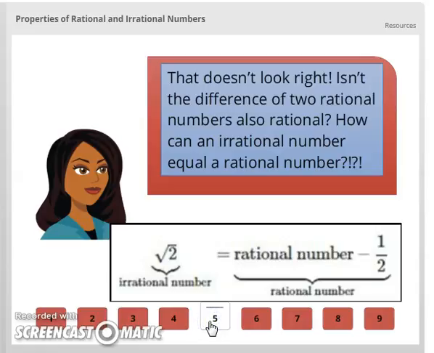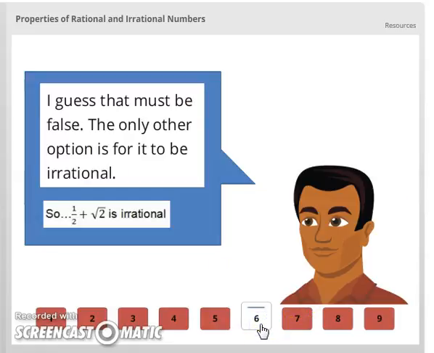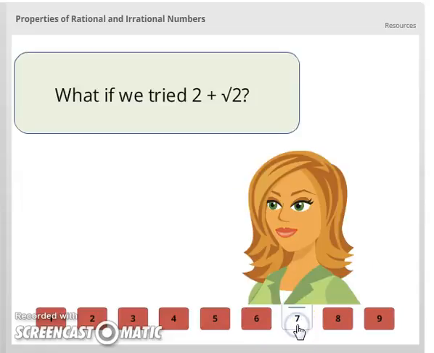That doesn't look right. Isn't the difference of two rational numbers also rational? How can an irrational number equal a rational number? I guess that must be false.